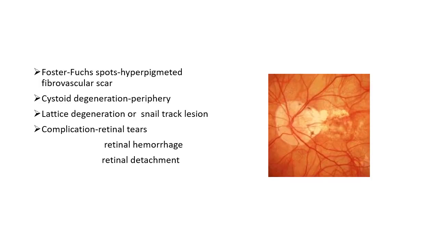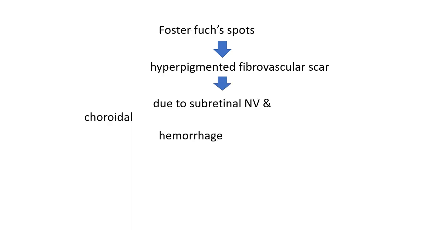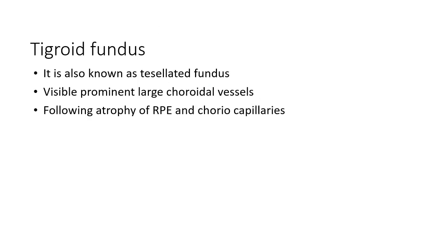Then you can have Fuchs spots, that is hyperpigmented fibrovascular scar, cystoid degeneration, lattice degeneration or snail track lesion. And in this high myopic patient, there can be complications of retinal tears, retinal hemorrhage and detachment. The tigroid fundus, as I mentioned, is the tessellated fundus.